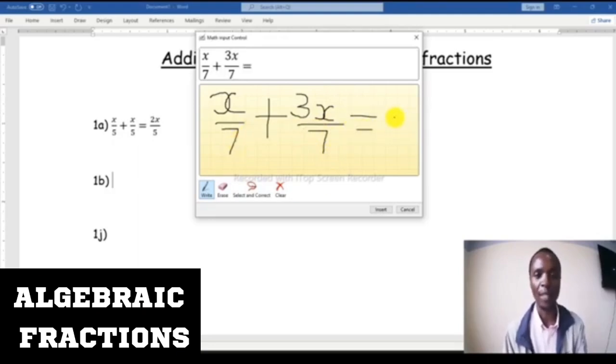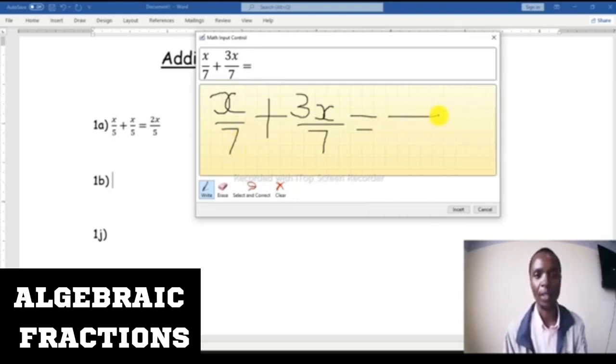Here again we have the same denominator, so it's not a problem. We just continue the same denominator, and then we add the numerators: 1x plus 3x, which equals 4x, so 4x over 7.